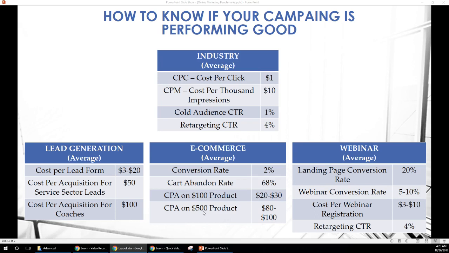When it comes to webinars, landing page conversion rate for webinars, it means how many people who land on our landing page have actually registered for the webinar, is 20%. Webinar conversion rate means out of these 20%, how many did actually purchase something, sign up for something, give their credit card information, is 5 to 10%.